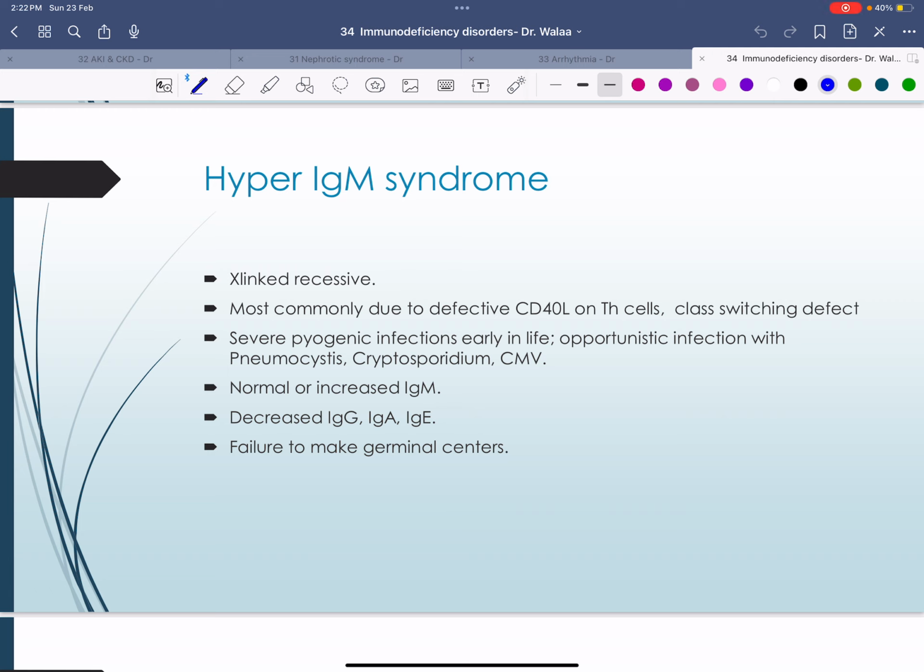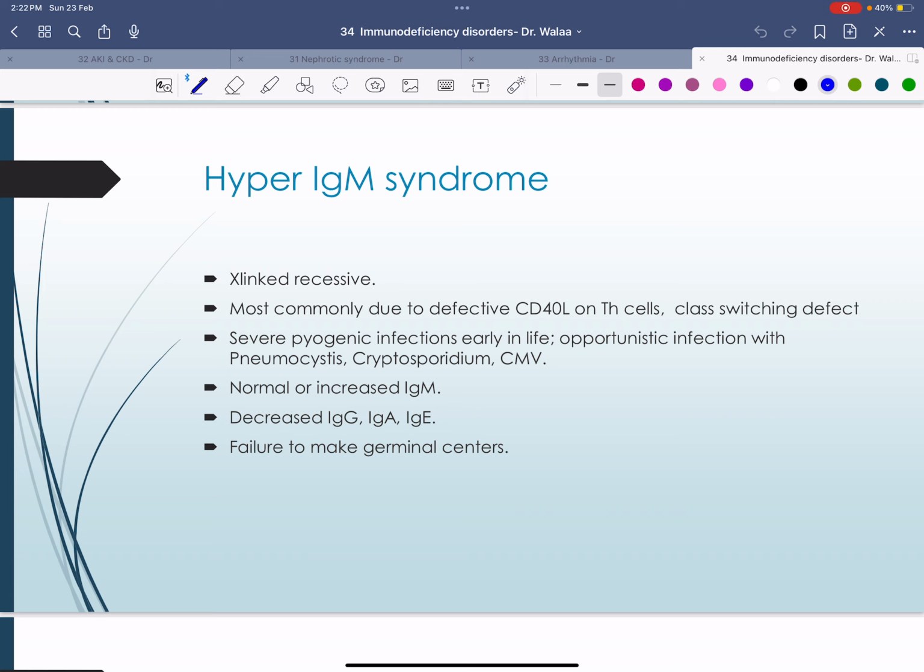Now in hyper IgM syndrome, which is an X-linked recessive disorder, this interaction is not there, meaning there is no efficient class switching. So B cells will keep producing IgM, which is why it's called hyper IgM syndrome. Those with hyper IgM have no IgG to opsonize bacteria, so they are liable to develop bacterial infections, specifically encapsulated bacteria.